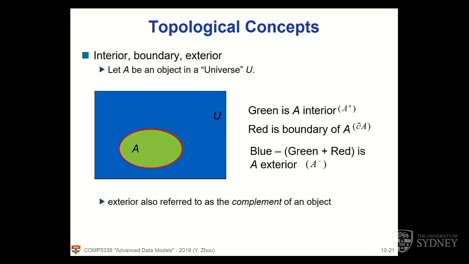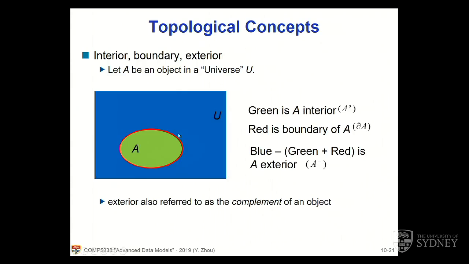So every object has these three things: a boundary, an interior, and an exterior, if it's put in a limited universe. And we can use some math terms to represent this. So it's A°, and this is the boundary of A, and this A bar is the exterior of A.